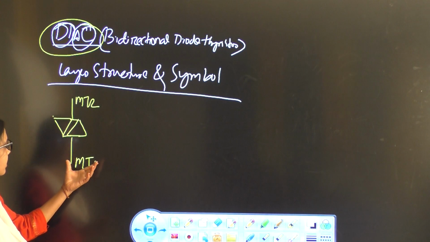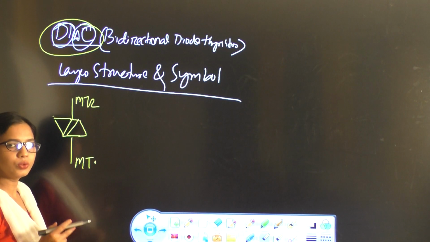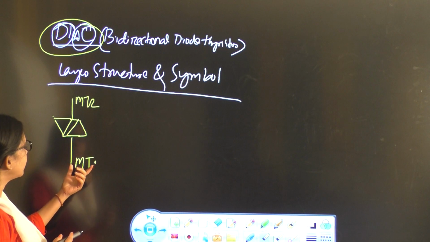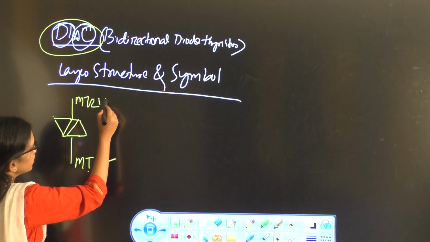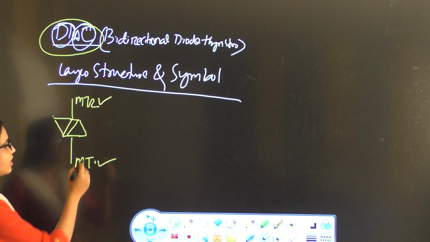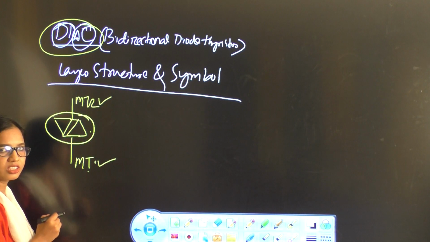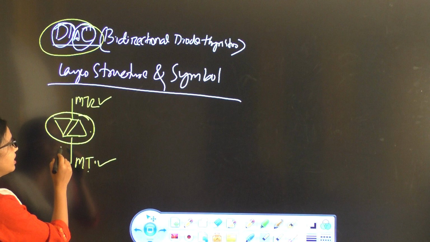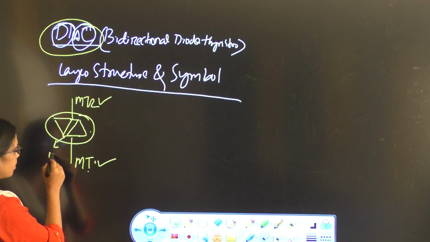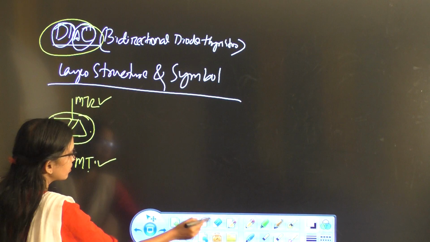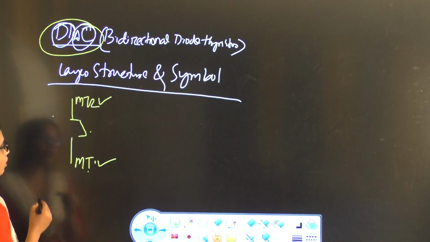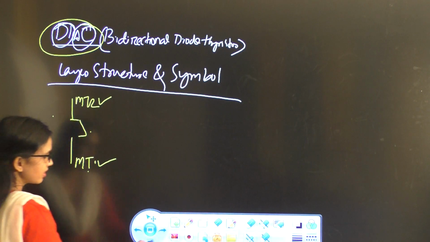As you can see, DIAC has two terminals, that is MT1 and MT2. You can say that it is also called a gateless SCR because its structure looks like SCR but it does not have the gate terminal, so it can be called a gateless SCR.